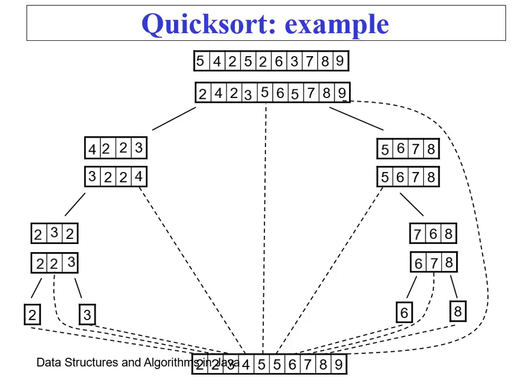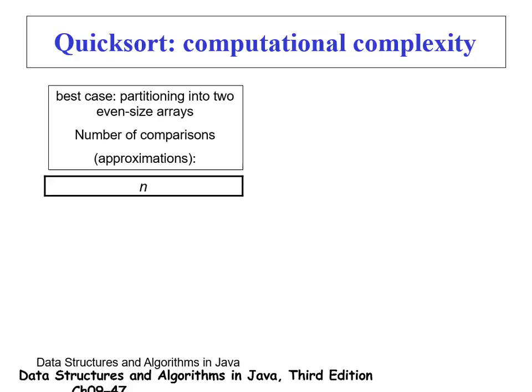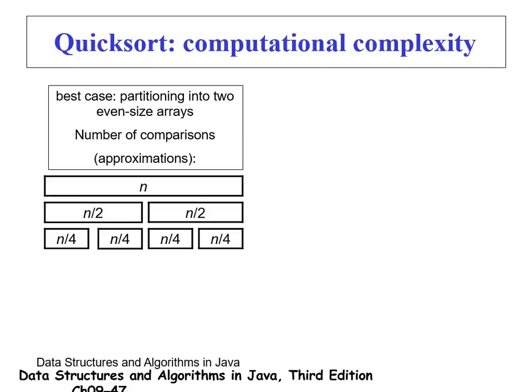The first one may take N steps to compare. But later on you're going to have N over 2 and N over 2, and this also N over 4, N over 4, N over 4. Actually this is N, you add these two together, it's also N. This one you add together, N over 4, 4 times, also N. But the question is, it is N plus N plus N plus N plus N. How many of them?